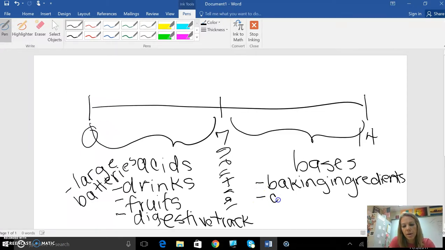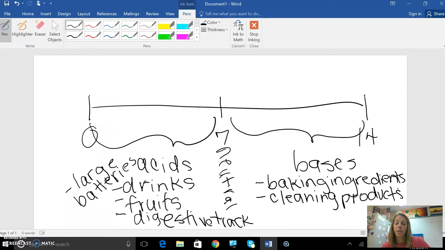Other bases that you can come into contact with on a daily encounter would be cleaning products. Okay. And that can be cleaning products for your body, like shampoo or soap, but it can also be cleaning products for the house, like Windex and kitchen cleaner.